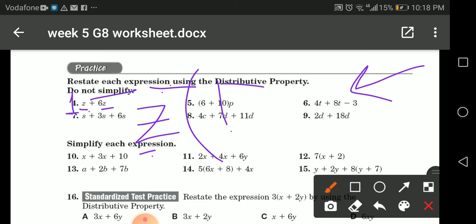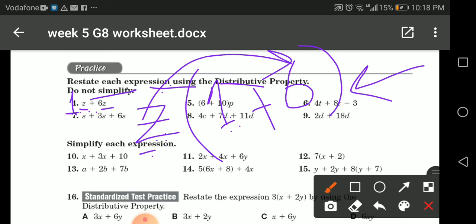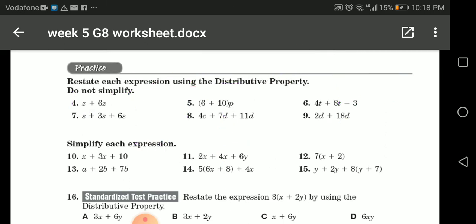One z. So one plus 6, and close the bracket. When you solve this, z times 1 is z, and z times 6 gives me 6z. So this is the answer using the distributive property.